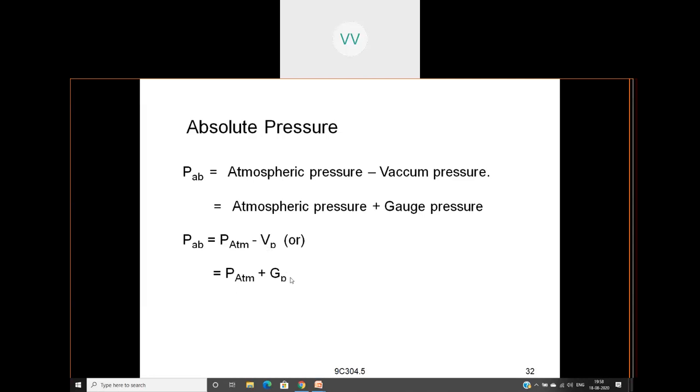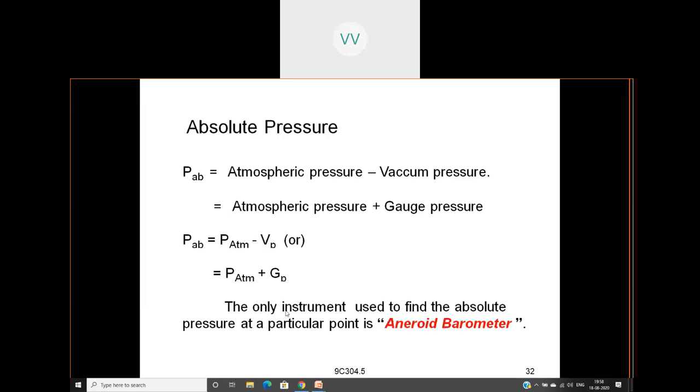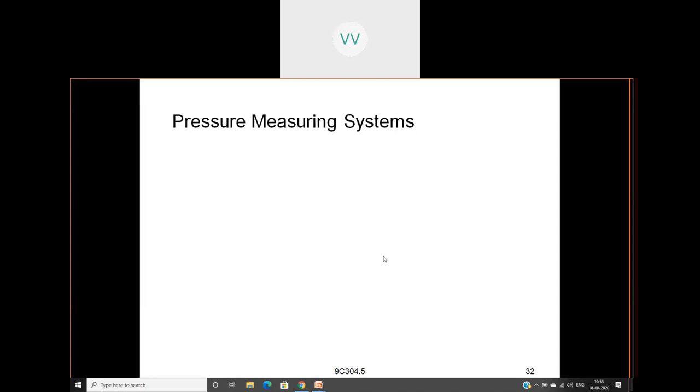This is the vacuum pressure. This is the gauge pressure, which always indicates positive gauge. If it is negative, automatically it is vacuum. So that is the equation. The only instrument used to find out the absolute pressure at a particular point is the aneroid barometer.